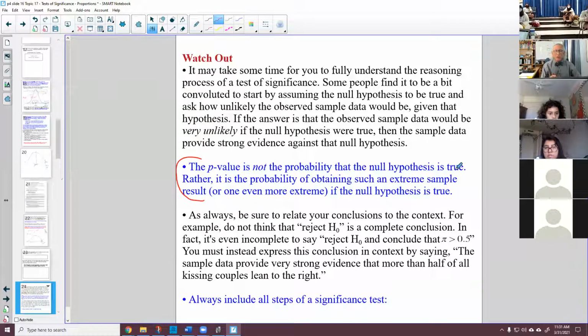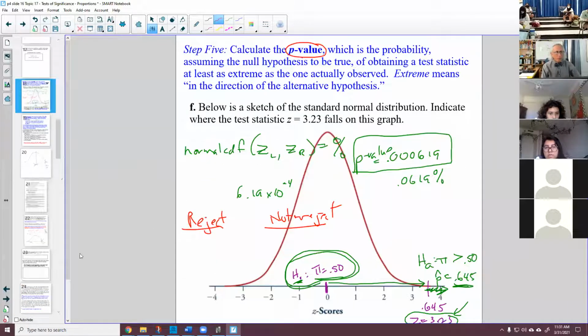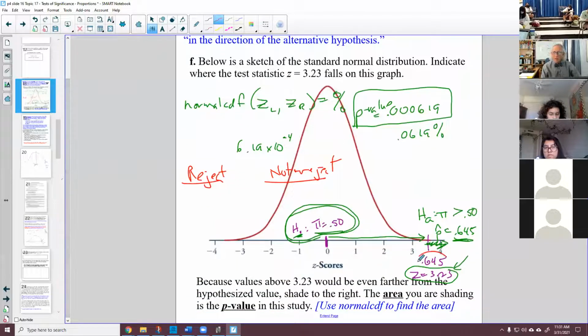So the p-value is referencing the likelihood of getting this if the null hypothesis is true. So the p-value is very small for getting that if this null hypothesis were true.